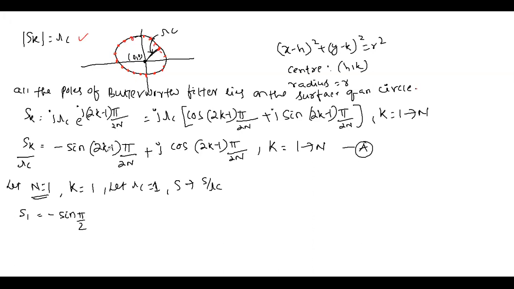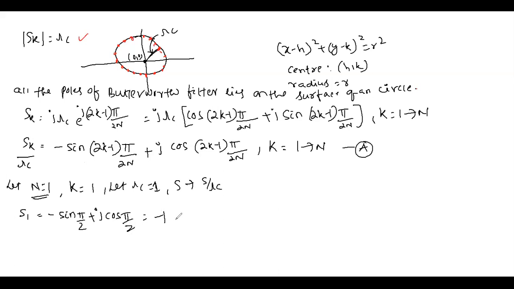It's very simple. For k equals 1, 2 multiplied by 1 minus 1 is 1. Pi divided by 2 multiplied by capital N equals 1, it is 1, so it is pi by 2. So minus sin pi by 2 plus j cos of pi by 2, then it is minus 1.